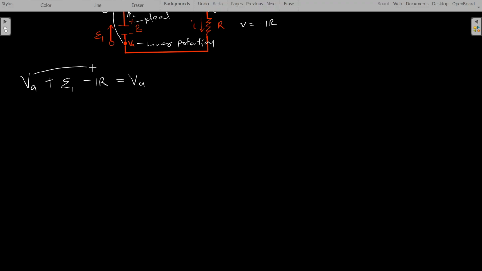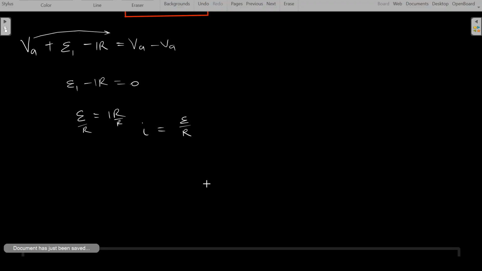So let's transpose VA to this other side. We'll get VA minus VA, which will equal 0. So E1 minus IR equals 0. So E equals IR. For us to get the current through the circuit, we'll divide by R on both sides. So we should get E upon R.